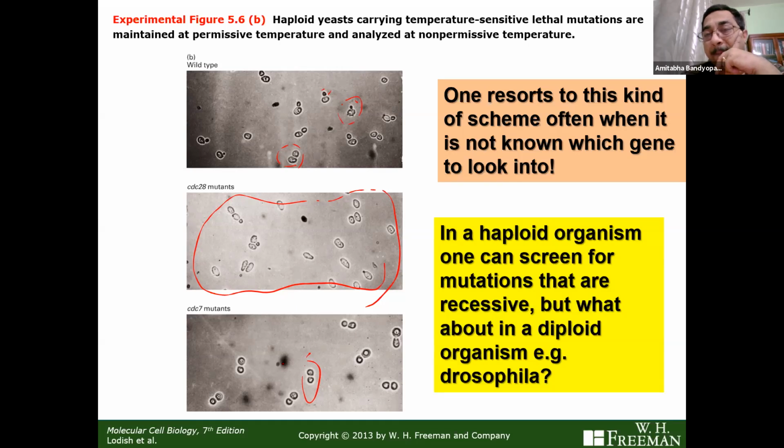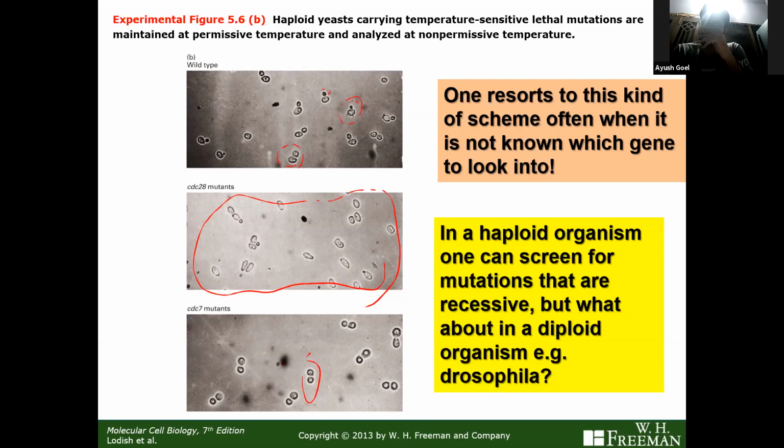So what we will do is complementation analysis. We will take all the 50 colonies that were not growing at 36 degrees Celsius. We will cross them one by one, one with 2, one with 3, one with 4, and like this all the colonies will be crossed. Then we will grow them at 36 degrees Celsius and see which diploids are growing.